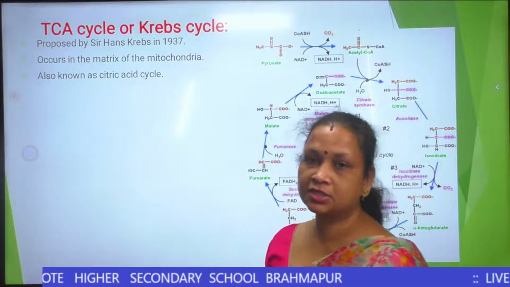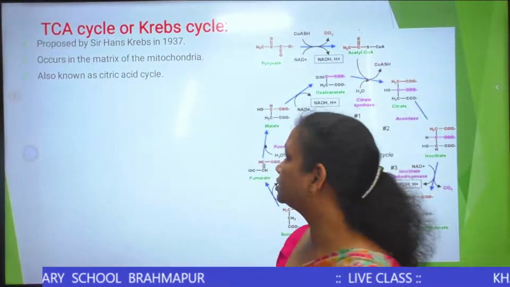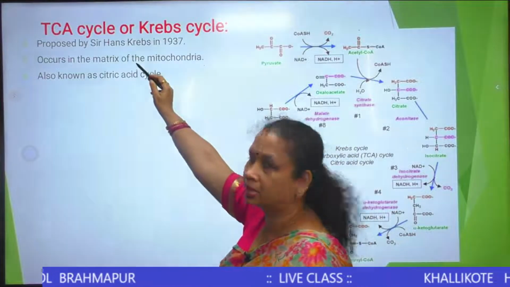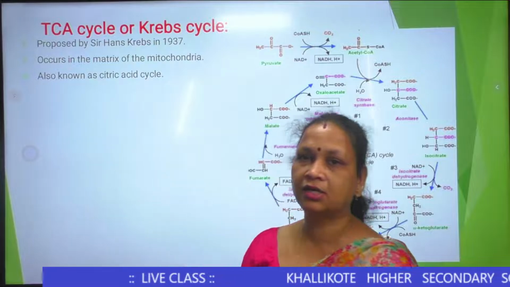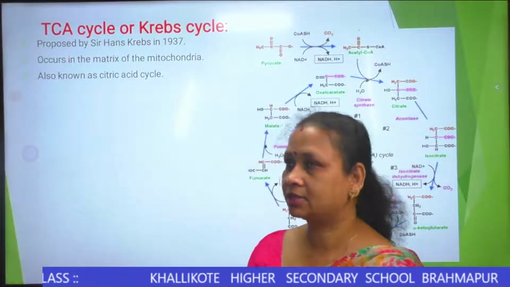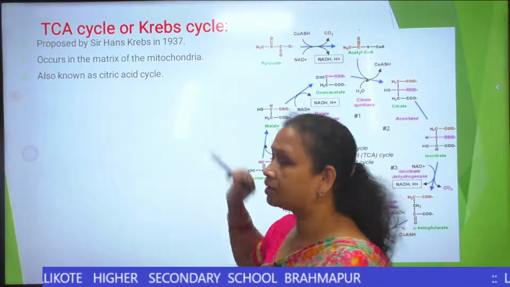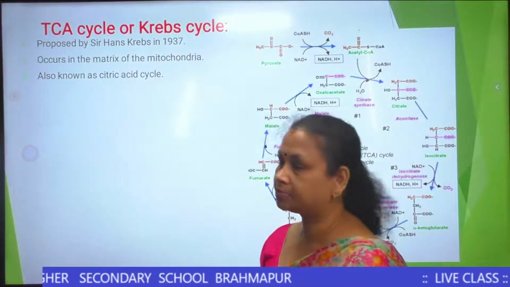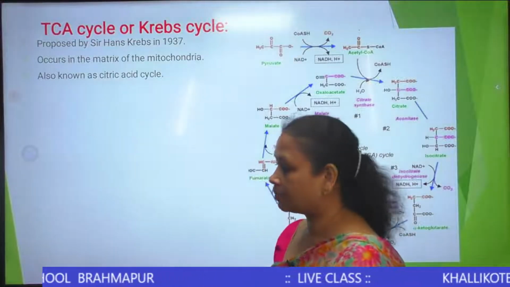So, where does the TCA cycle occur? This TCA cycle occurs in the matrix of the mitochondria. We saw glycolysis occurred in the cytosol or cytoplasm of the cell and does not require the mitochondria, whereas the TCA cycle or the Krebs cycle will occur in the matrix of the mitochondria.